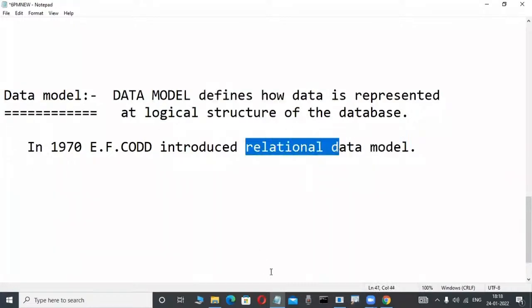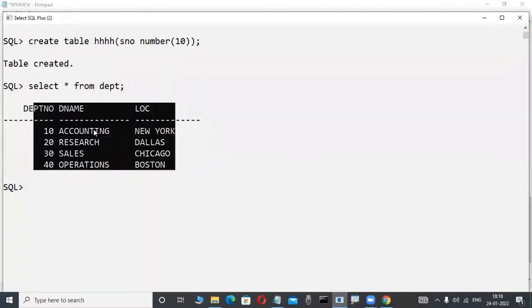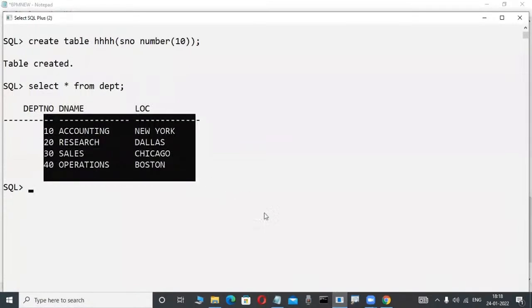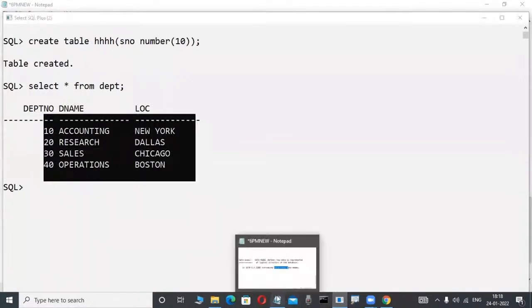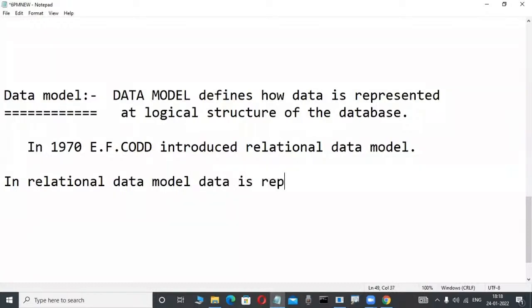Relational data model means, in a logical structure, which is not visible in the operating system, data is represented in the format of rows and columns. That is nothing but two-dimensional tables. Observe it here: in the relational data model, data is represented in two-dimensional tables, in the format of rows and columns.